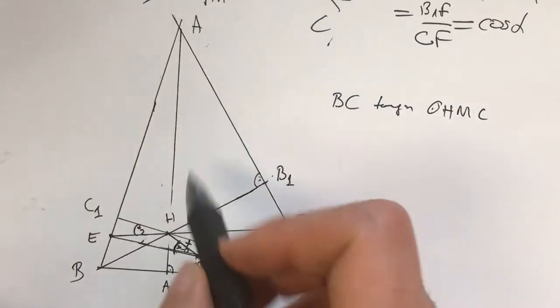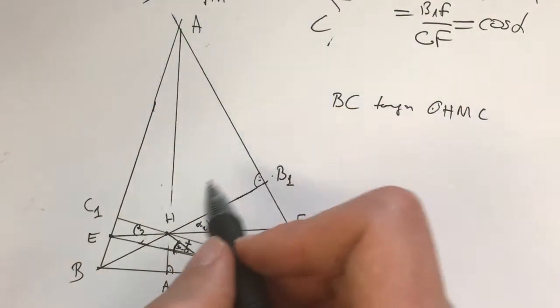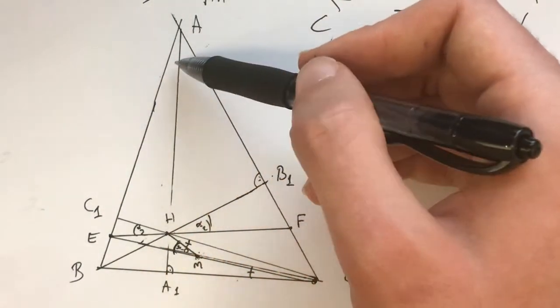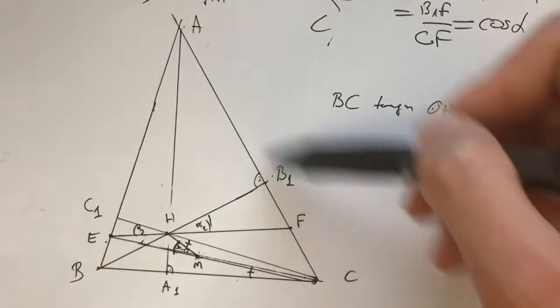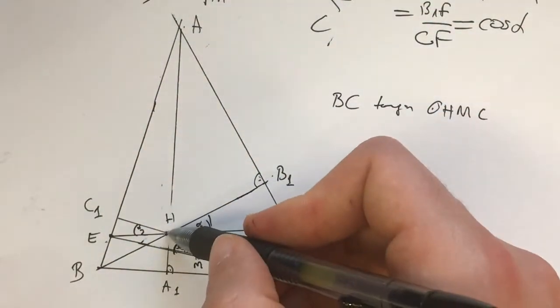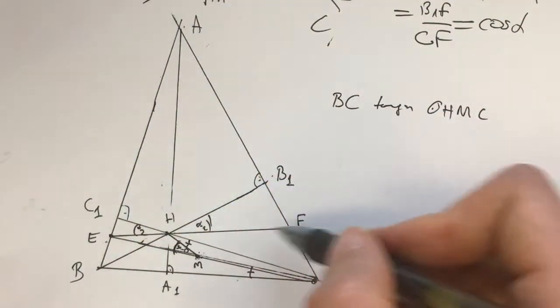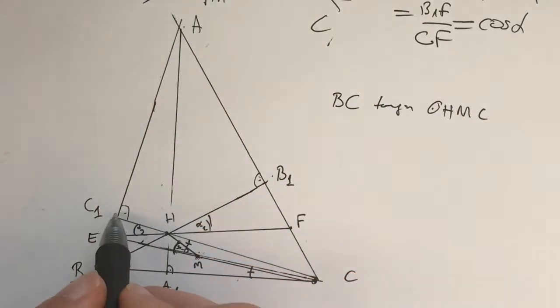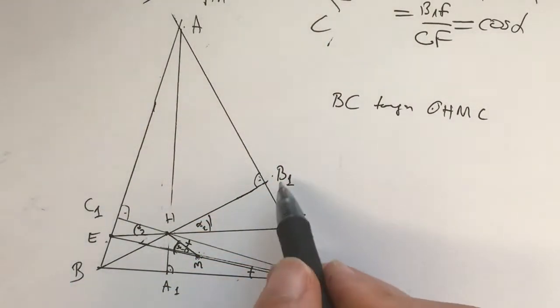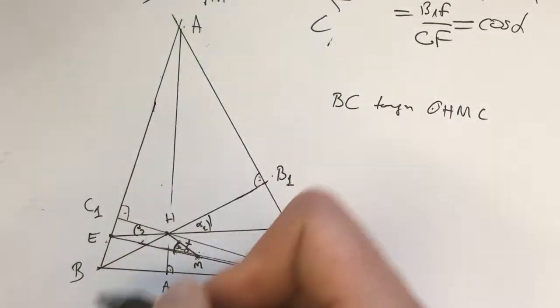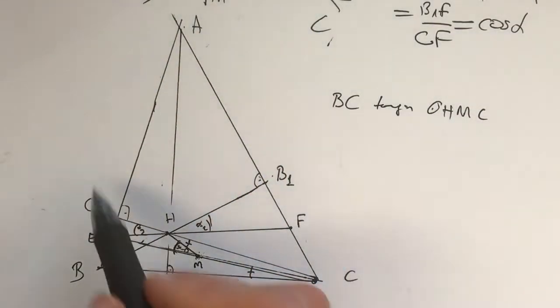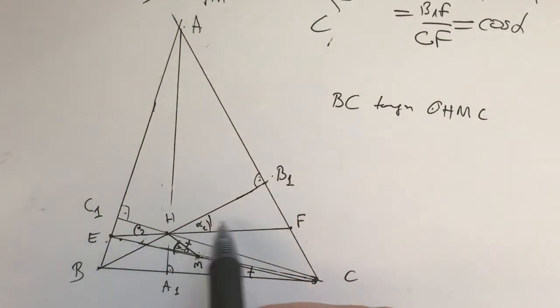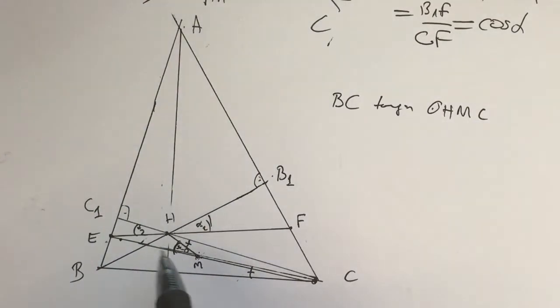And also important to note is that you can look at these things differently. You can look at AEF as your main triangle, H a point on the line EF, and then these being perpendicular where they intersect these sides of this isosceles triangle, and then you have a condition that you need to prove.